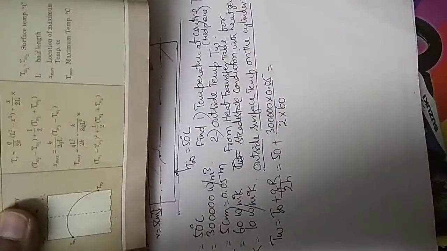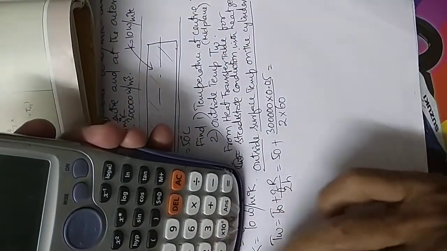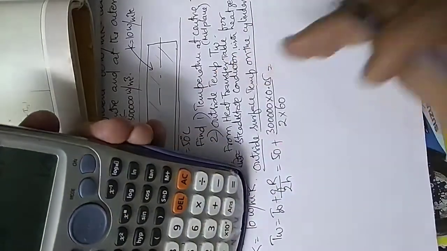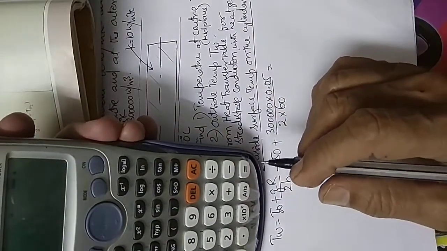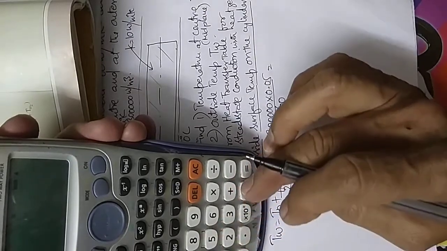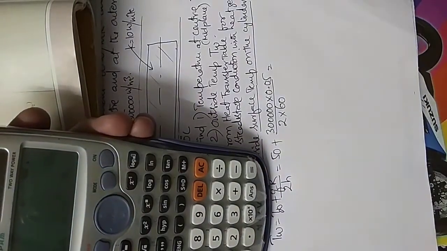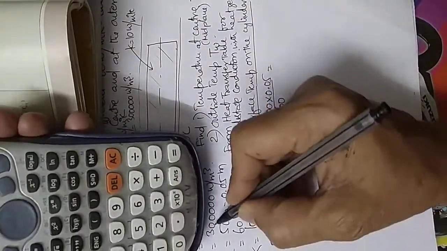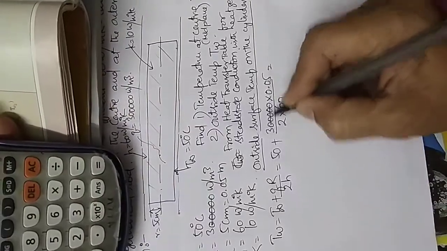So if you calculate this with the calculator, 3 lakh into 0.05 divided by 120.